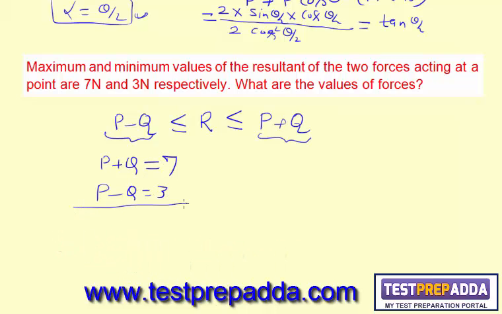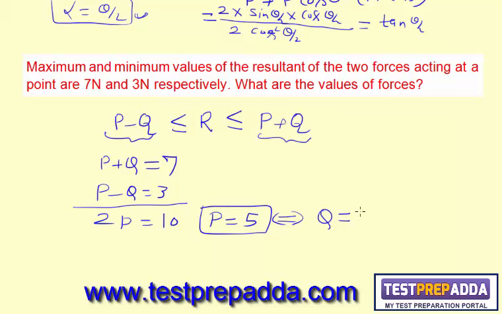If you solve, 2P comes as 10, so P comes as 5. And if P is 5, the value of Q will become 2. So the forces are actually 5 Newton and 2 Newton.